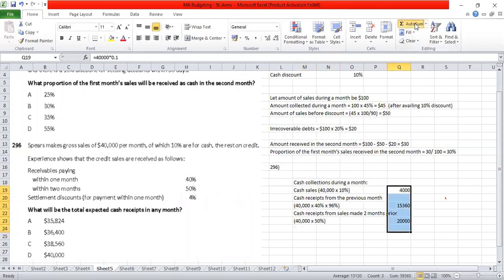When you add them, 39,360. There's no answer matching there.